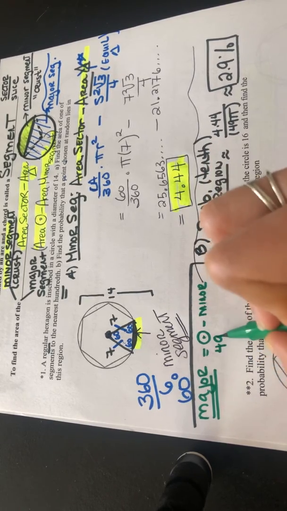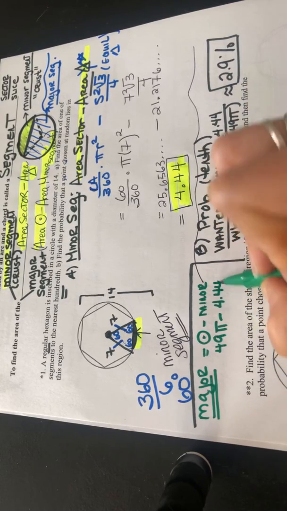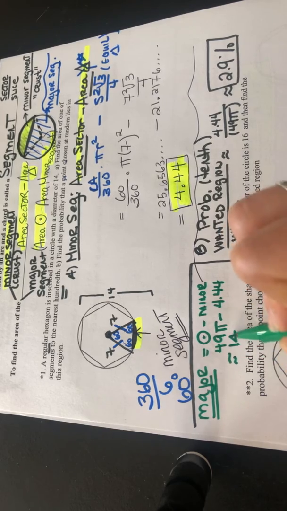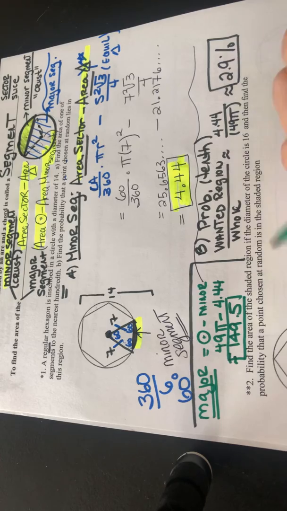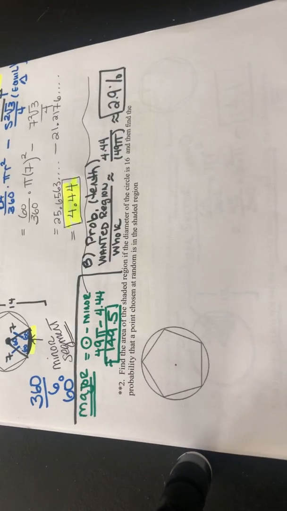So we have 49 pi minus, we'll just use that for now because I don't feel like putting it back in the calculator. And then if you put that in your calculator, you would get about this. And this is just giving you a heads up. I don't want to put that number back in, just in case I asked you for the major. Hopefully that makes sense. All right, let's go on to our last question.